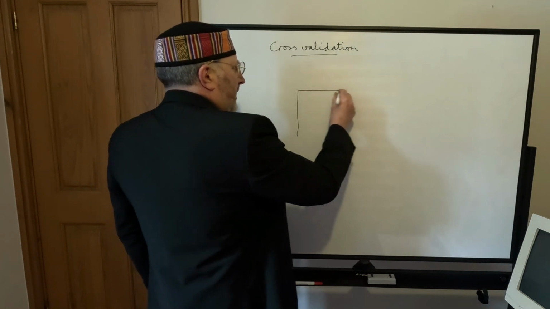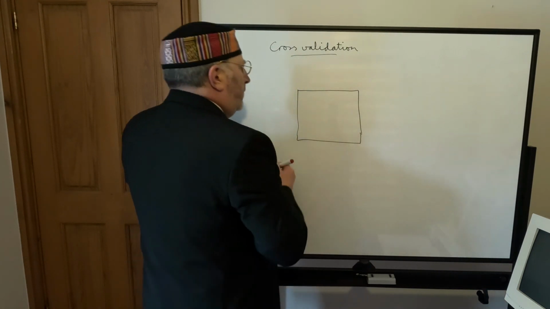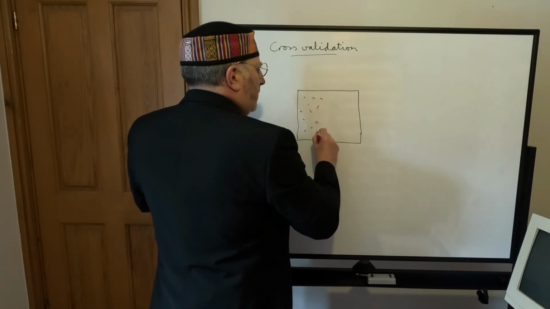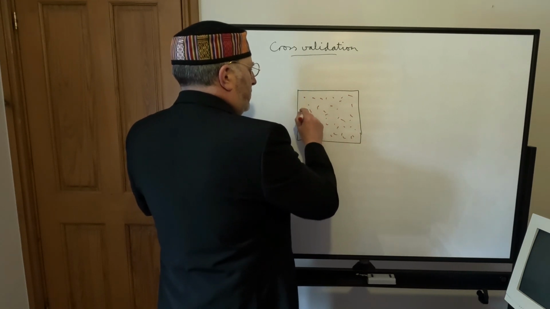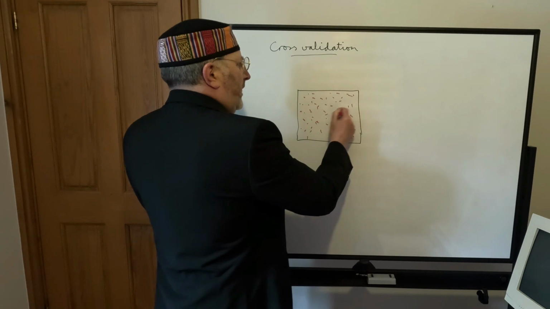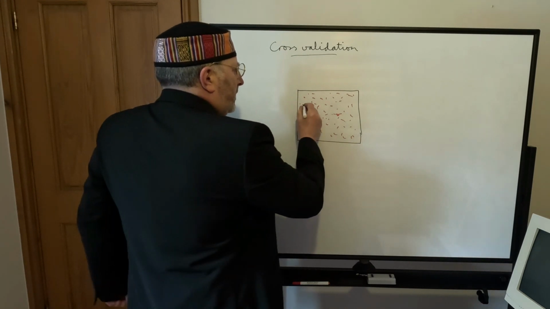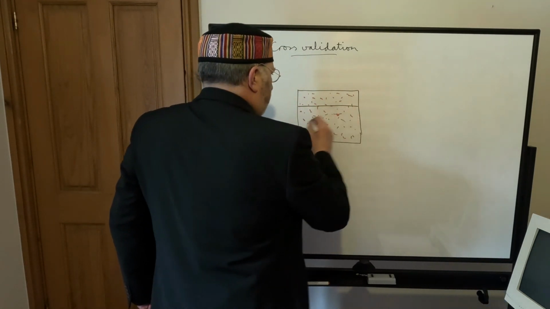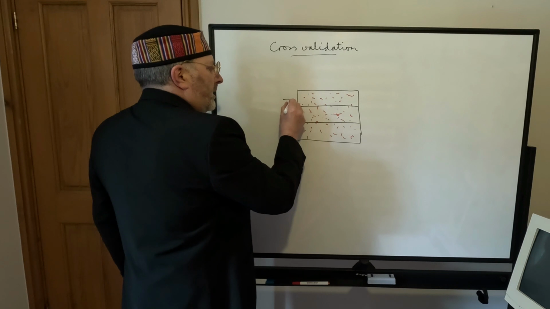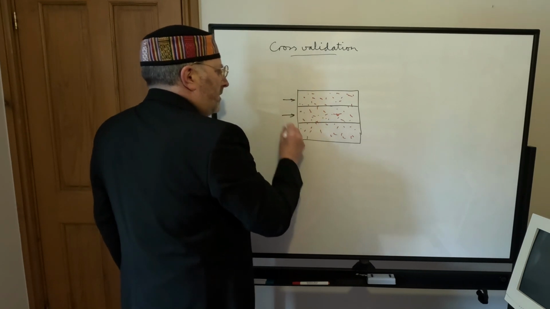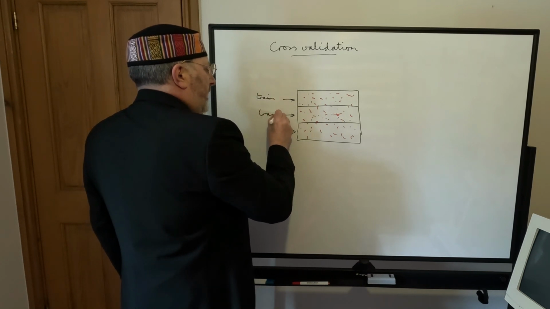So if we imagine the data as sort of in a box, this doesn't really mean anything. It's not really sitting around in 2 dimensions, but it's just to illustrate the idea of how we divide it up. So there's all this data. We can firstly divide it into a few subsets, and we train on each subset.